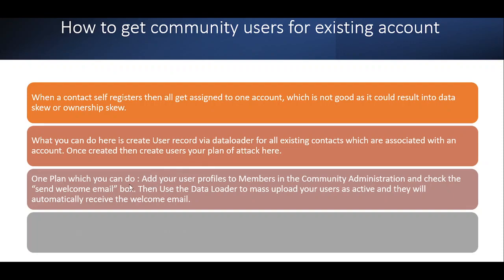Then add your user profile to the member and community member administration and check the send welcome email. Then use the same data loader to update the users as active. Once they are active, they will receive the welcome email. In that case, they can log in directly, reset their password and log into Salesforce, and they will automatically be associated with the correct account.